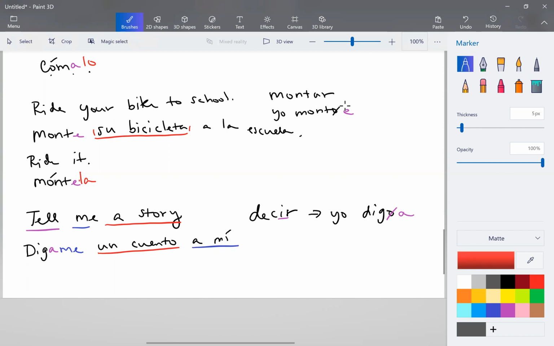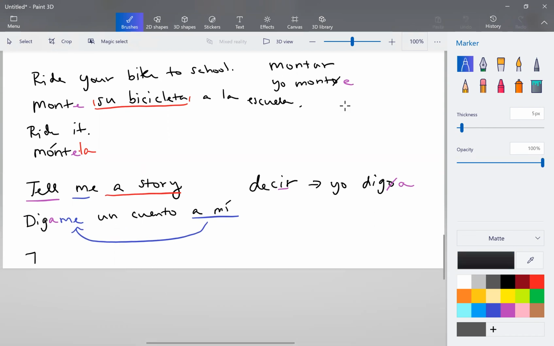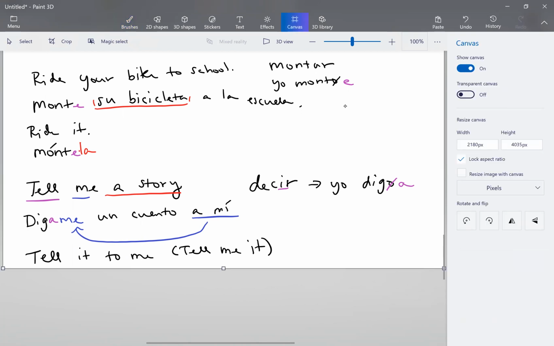We remember that, even though it sounds weird in English, we always repeat our indirect object and the pronoun. But when we rewrite it as tell it to me, tell me it is sometimes easier, even though that's not really good English.